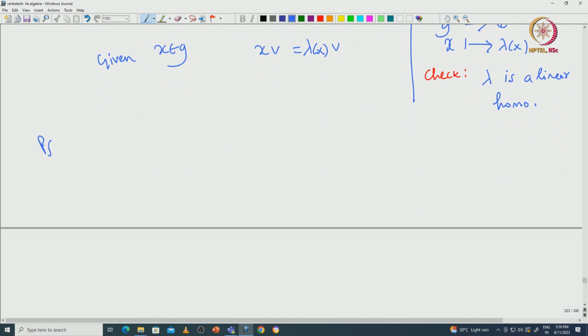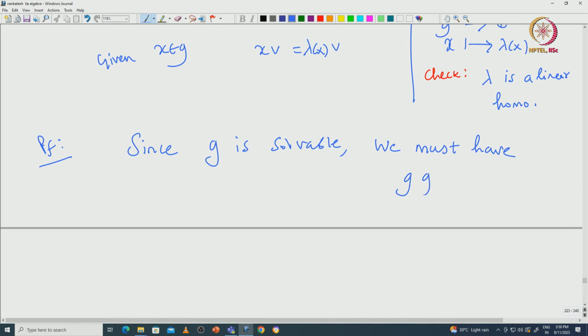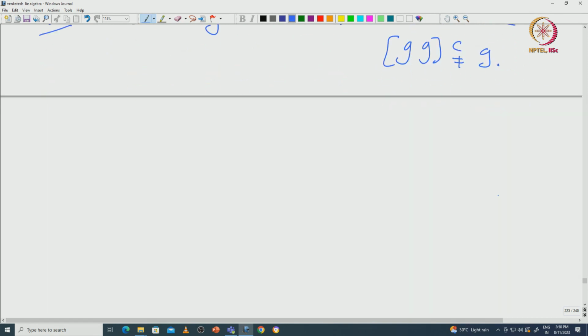So, here is the proof. As before, we will establish an ideal inside your Lie algebra G, which is of codimension 1. Since G is solvable, we must have the derived algebra [G,G] properly contained in G. Now you can take A to be a subspace containing [G,G] and of codimension 1.